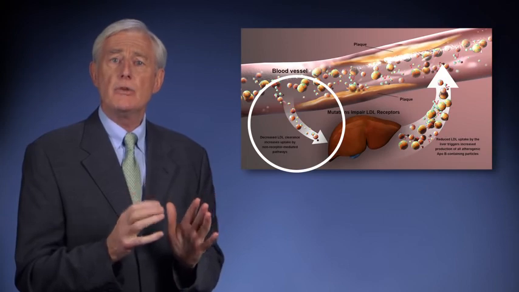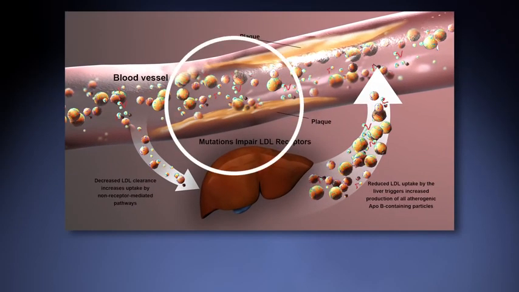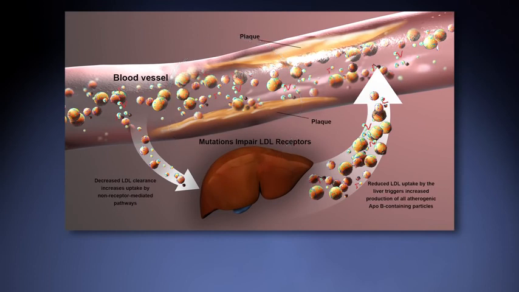Impaired LDL clearance due to LDL receptor defects leads to excess accumulation of LDL in the circulation. This in turn triggers uptake of these particles via non-LDL receptor mediated pathways in the liver.